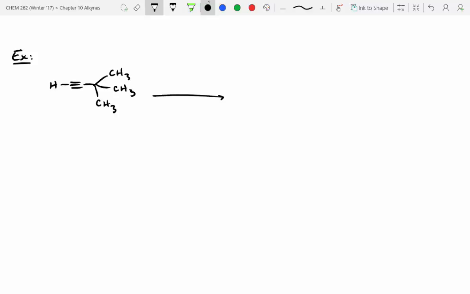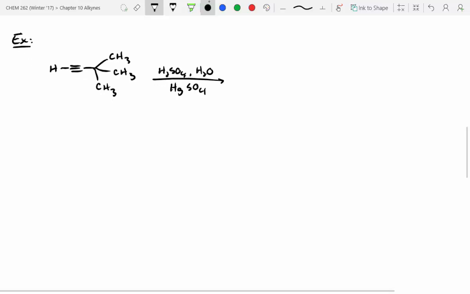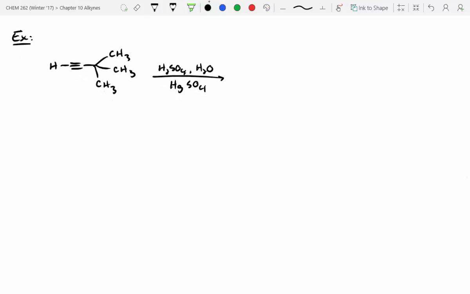So we know in this mechanism we typically have H2SO4, we have water, and then we've got our catalyst. So let's go ahead, jump to our enol, and then I want you guys to push arrows and show movement of the protons and ultimately your final product. So I'll give you guys a minute to work on this.